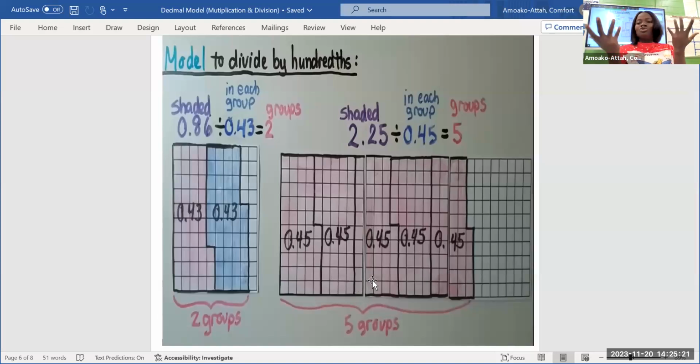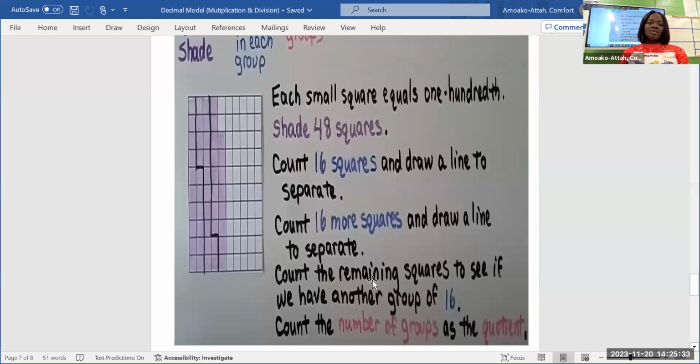So this is how to divide decimals. It is very easy. Always use a divisor to divide, and your number of groups becomes your quotient, or your final answer, right? Each small square equals 1 hundredth. In this case, the problem was, let's see the problem again. We are dividing 48 hundredths by 16 hundredths.